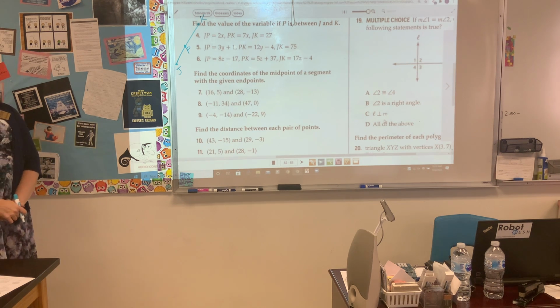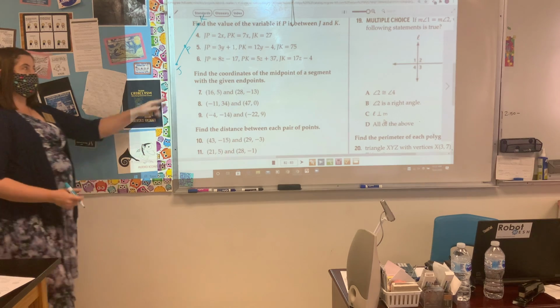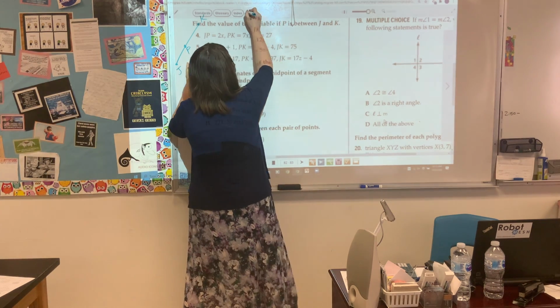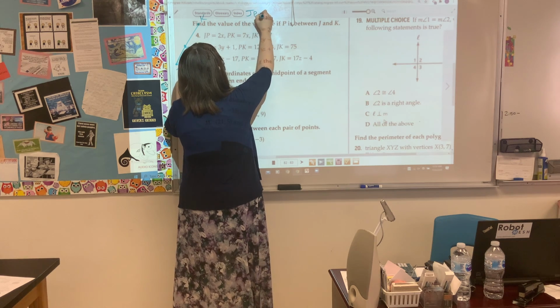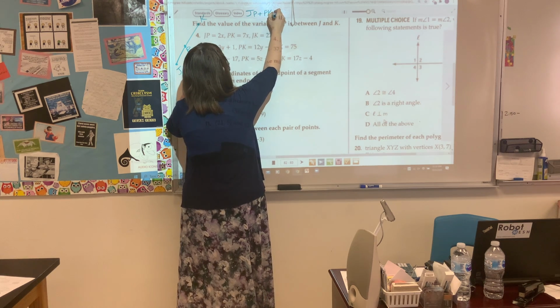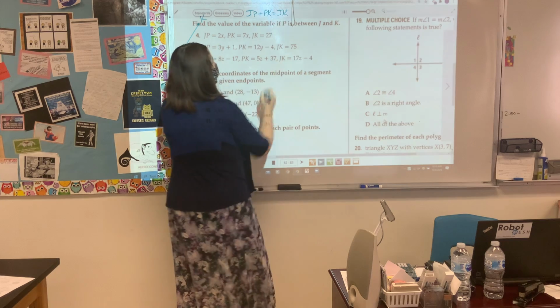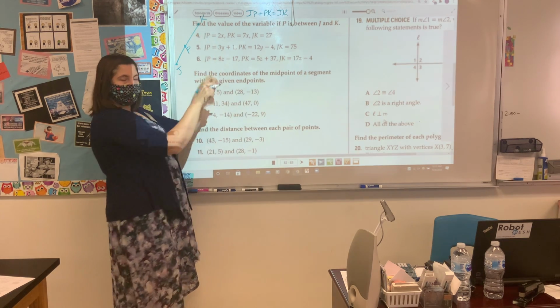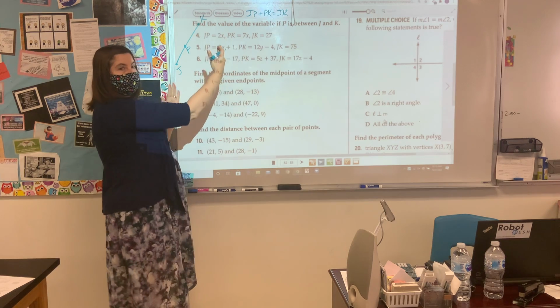No. It doesn't say that. We cannot assume that. All we know is it's between. But I do know, because that's between, that I can say that JP plus PK equals JK, right? Because this chunk plus this chunk, if I put them together, equals the whole thing.